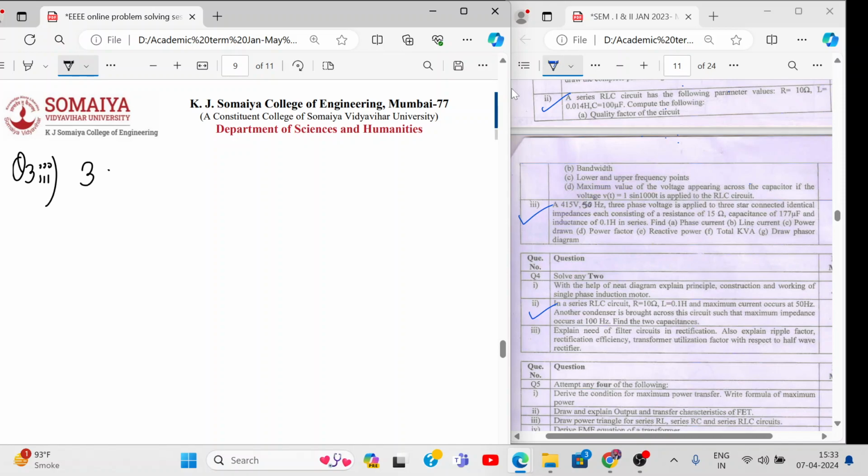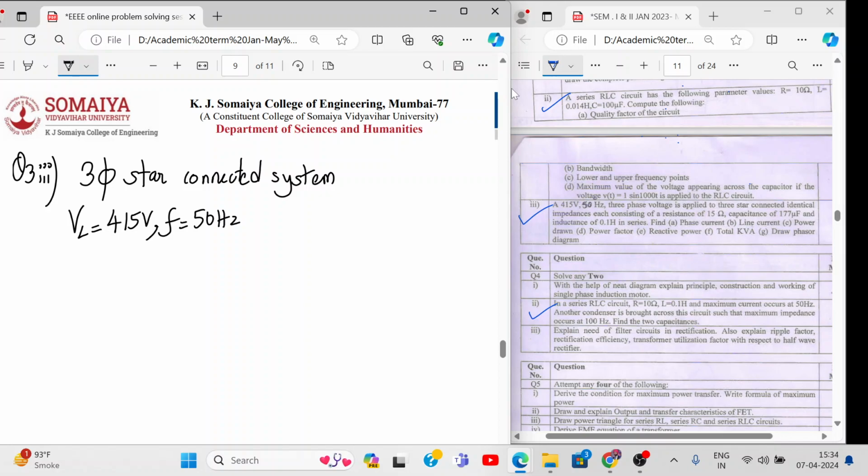So we have a three phase star connected system where the line voltage is given as 415 volt, frequency is given as 50 hertz. Okay, then what they have given, applied to a three phase star connected identical impedances.